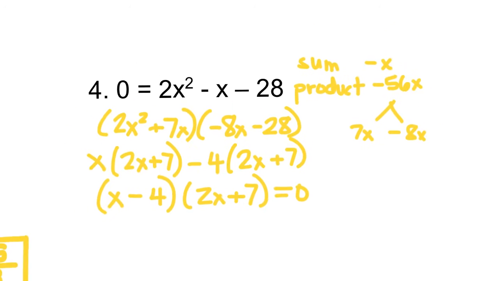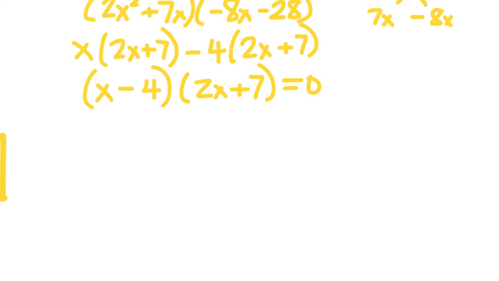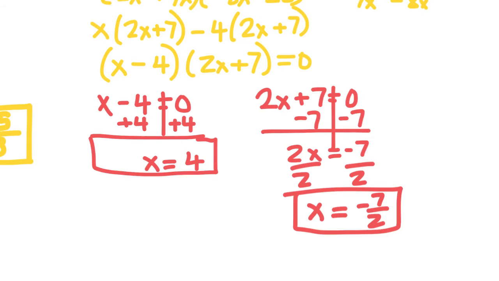Now that we have our two factors, we can find the solutions by putting them each equal to 0. Pause the video here while you do that. Now we have our two solutions, x equals 4, x equals negative 7/2.